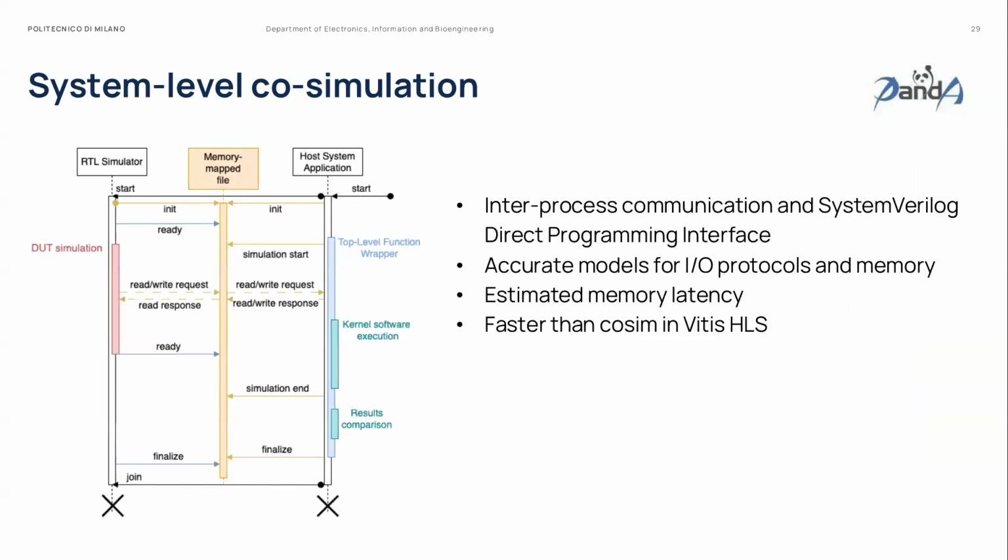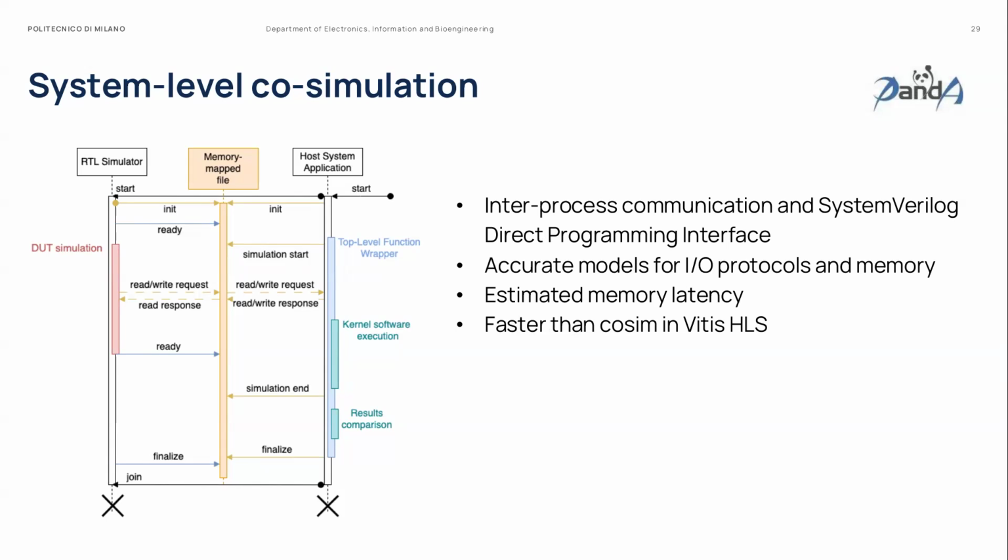This is how it works, with a diagram of messages. Basically we use inter-process communication, and we use the SystemVerilog Direct Programming Interface, which allows something in this top-level function wrapper. It allows C or C++ to communicate with the Verilog.